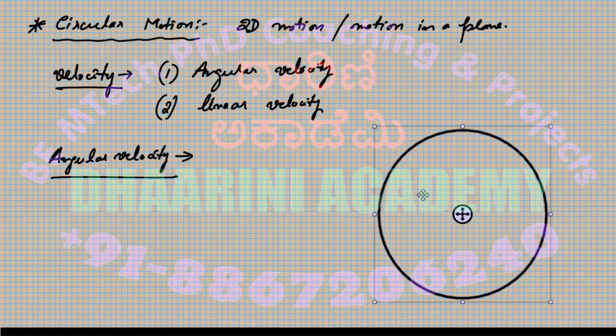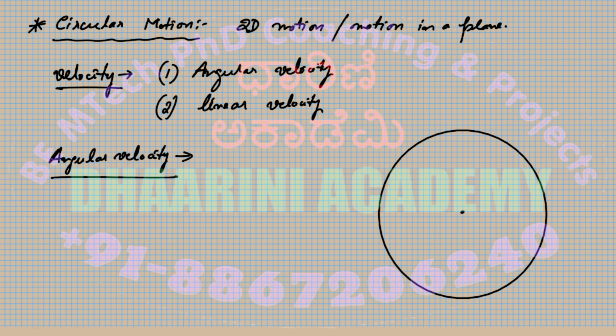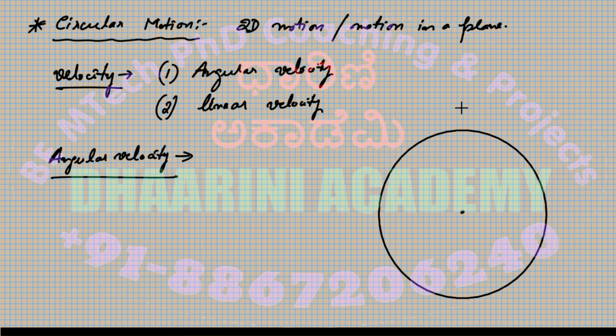So this is the circle. This is the center of the circle. All right, let me draw the x and y axis here for our reference. Okay, so this is x axis. This is y axis.